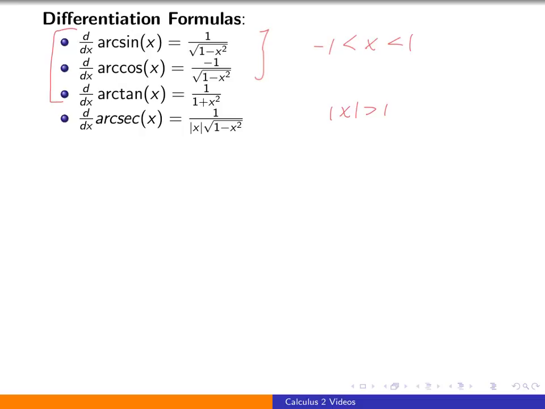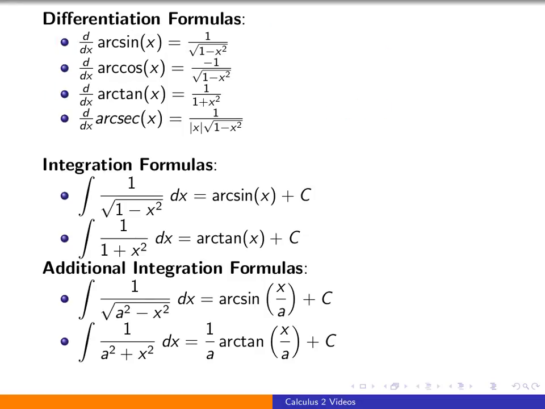Now the associated anti-differentiation formulas. In terms of integration, the arcsine and arccosine differentiation formulas, up to that minus sign, are essentially the same. So there's really only one associated integration formula, one for arcsine. Then you have the arctan formula. We'll encounter both of these in examples, but let me note that you can extend these, and it would require a u substitution.